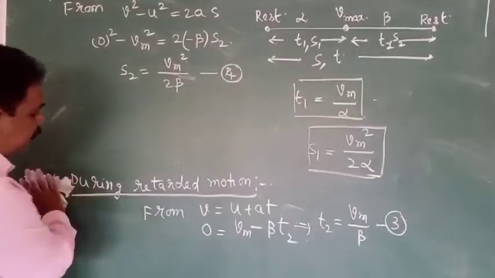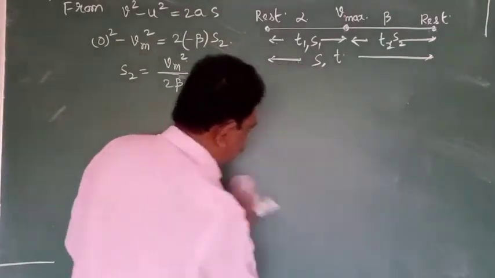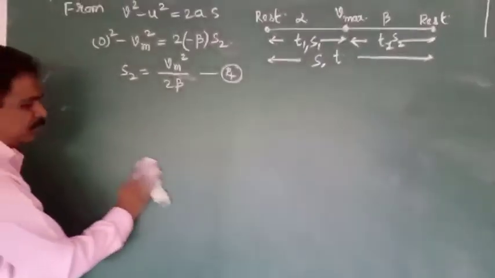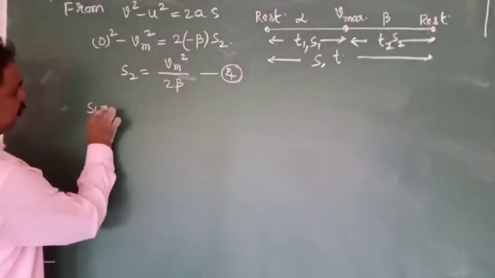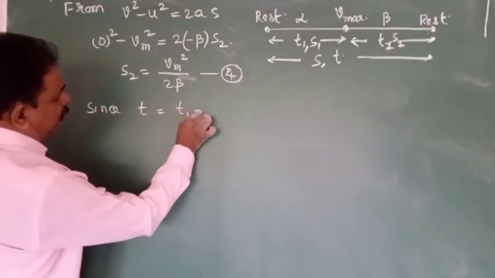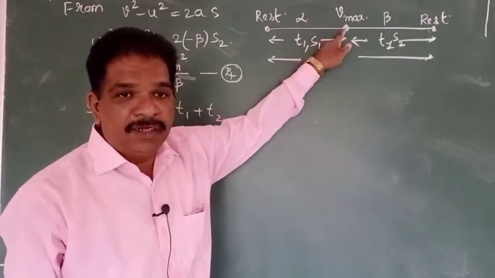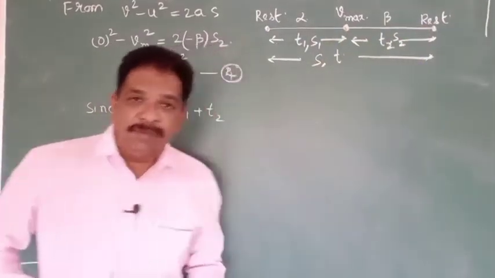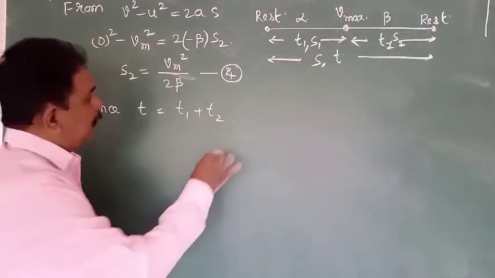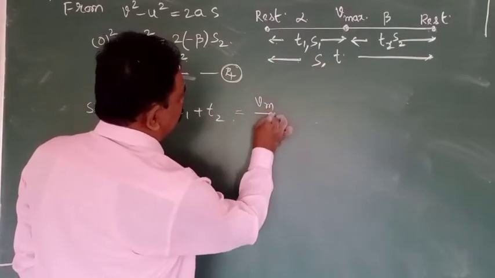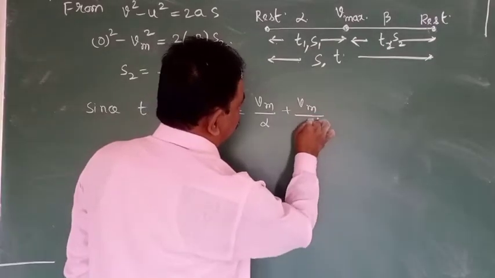First we will find the total time of travel, which will be t1 plus t2. From here to here it will be t1, here to here it will be t2. t1 plus t2 is equal to T. t1 value we got is Vm by alpha, t2 value is Vm by beta.